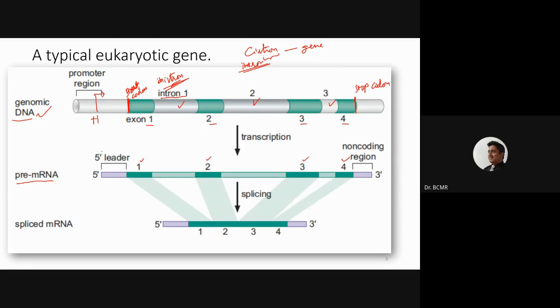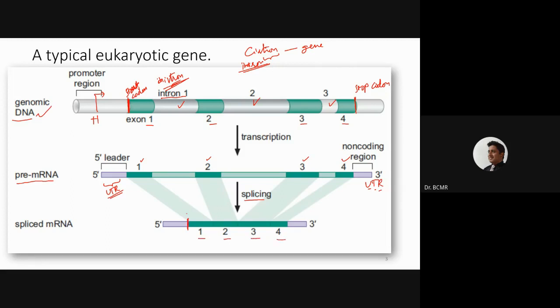And you have a 5' leader region, or untranslated region. You would also have the 3' non-coding region, or UTR. And what splicing does is bring all the exons together in the same order as they are on the genomic DNA: exon 1, 2, 3, and 4.